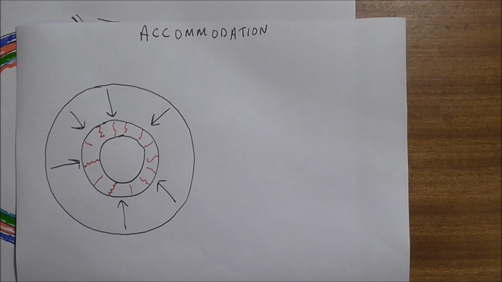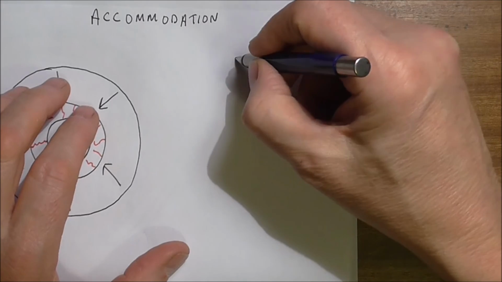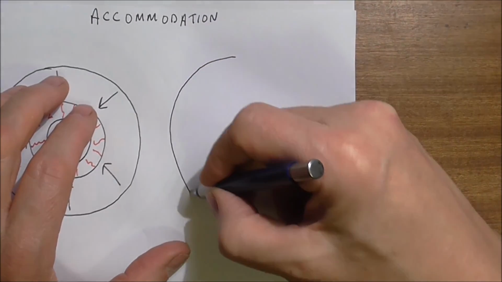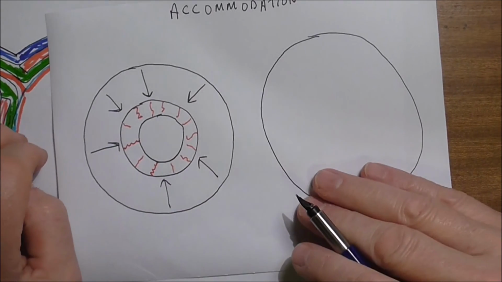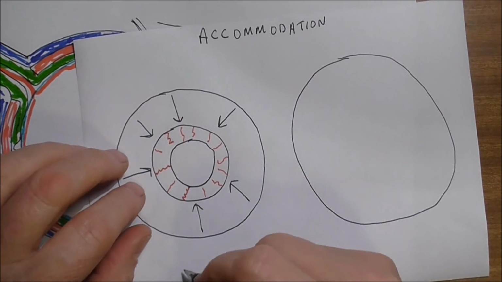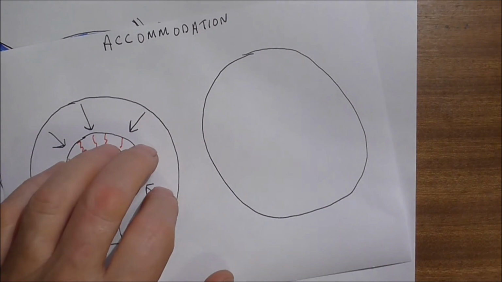But we also need to focus on distant objects. So for distant focusing, what will happen is that the ciliary muscles will relax. So here we have the same size external ring of ciliary muscles. Remember, this one was near focusing, and this one is distance.